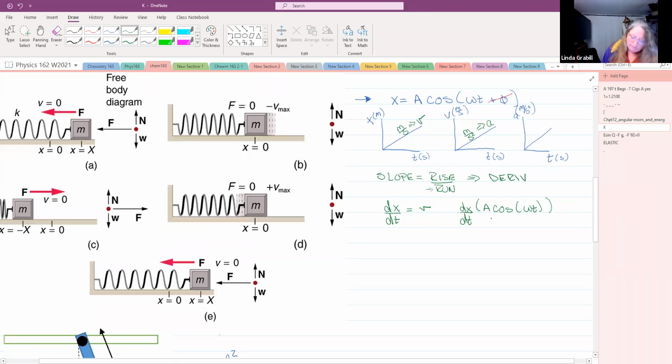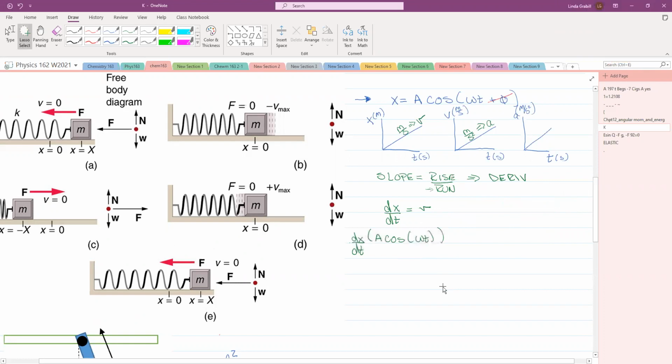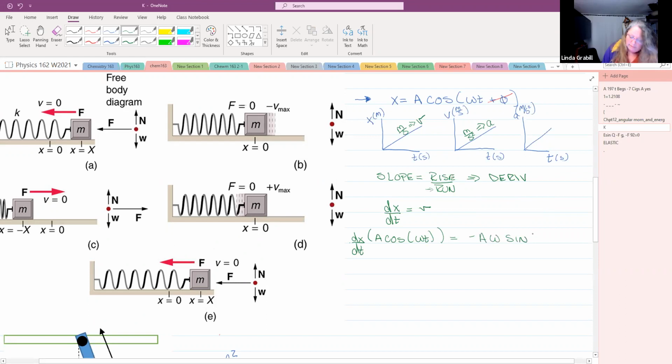How do I take the derivative of this? The derivative of cosine is negative sine, so it's the chain rule, and you get negative A omega sine of omega t. Perfect.